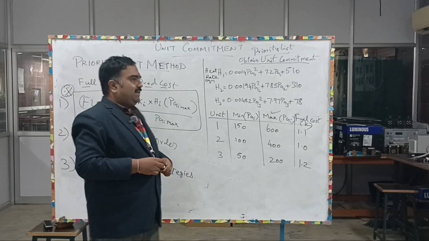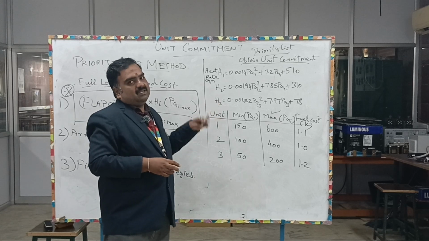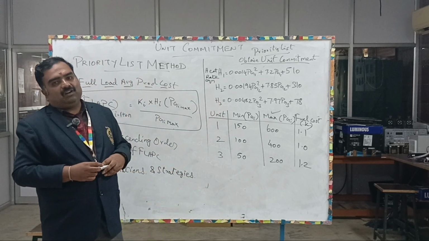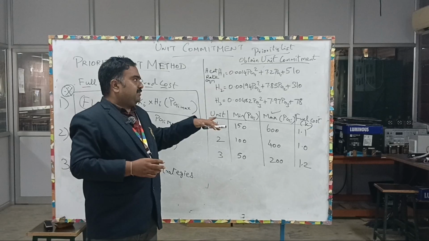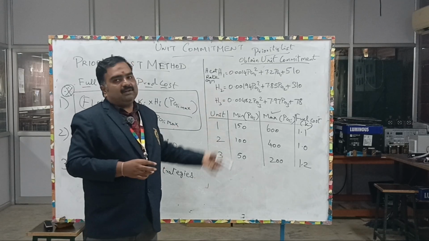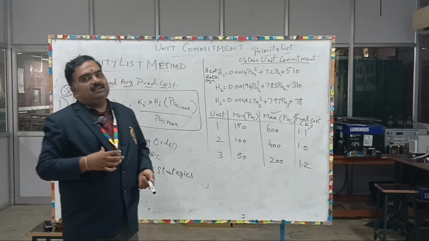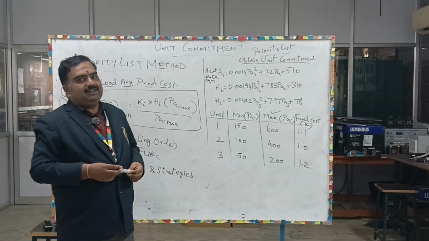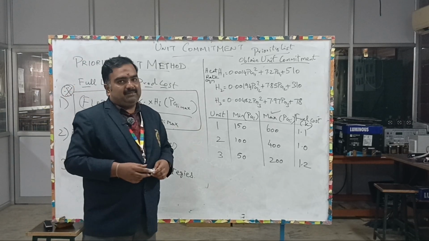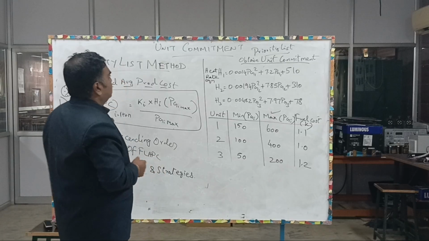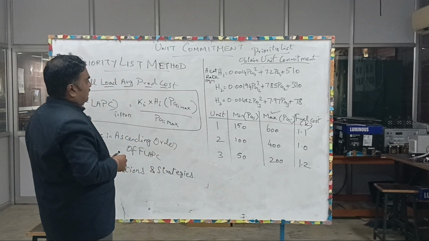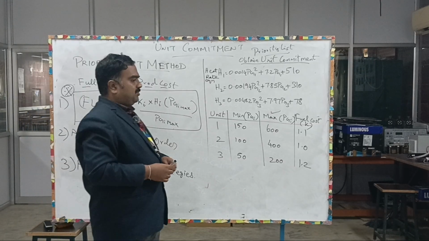Otherwise, my suggestion would be you can use this priority listing method, which gives you a closer unit commitment value, and also it is easy to solve from examination point of view, and you can get the answers very quickly. So, this method would be very useful, right. So, now let us go into this problem.